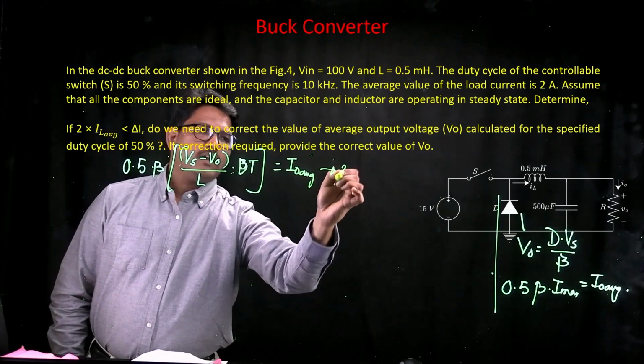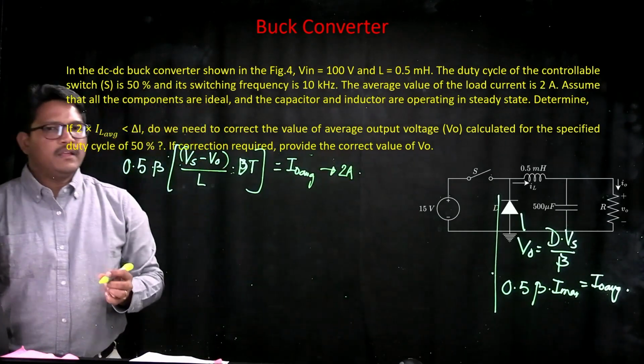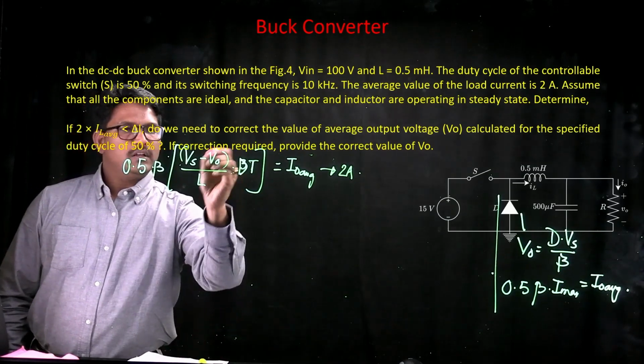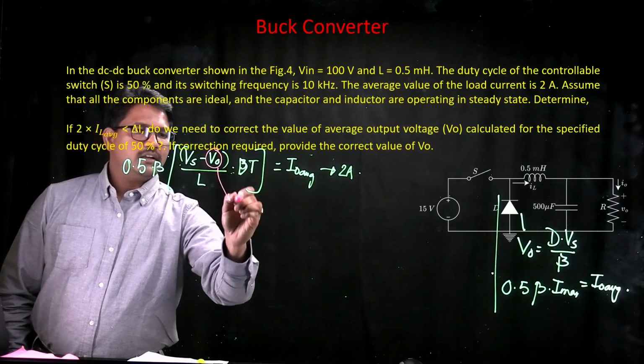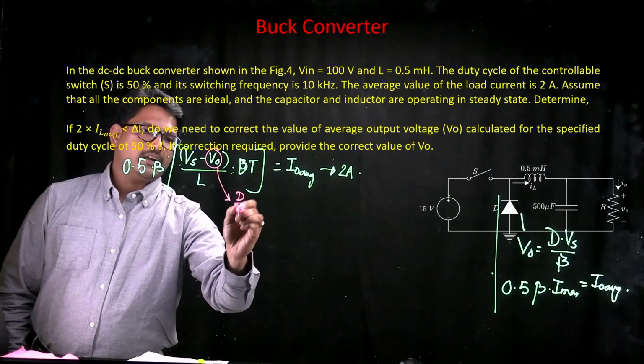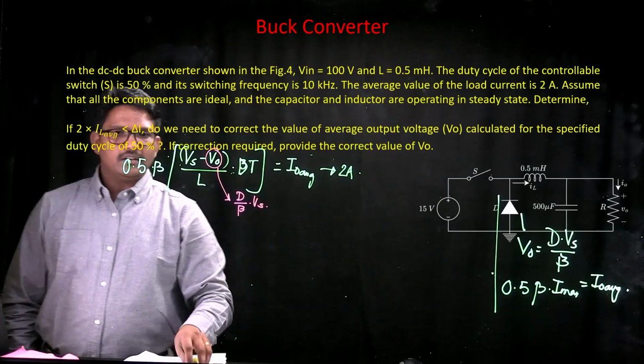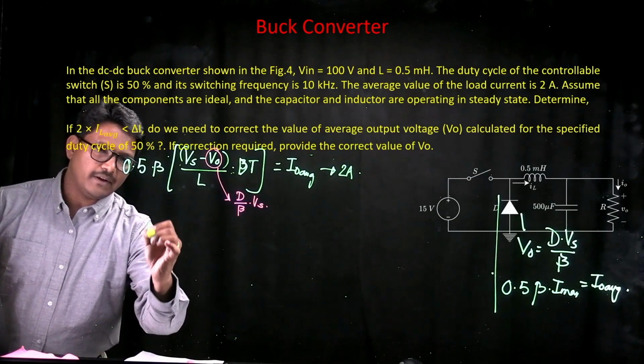We know that I naught average is 2 amps for us. In this expression, the value of V naught can also be written as d upon beta times Vs. So if you do that, then you know that this is beta by 2.